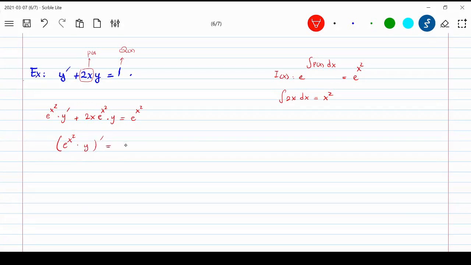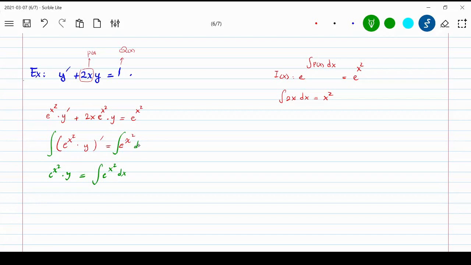And on the right hand side, I have e^(x²). Then if you integrate both sides, on the left side we get simply e^(x²) times y. On the right side I have the integral of e^(x²) dx.